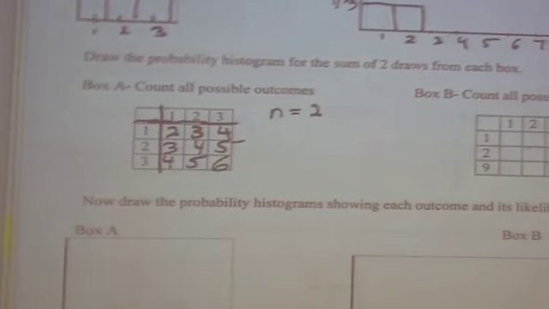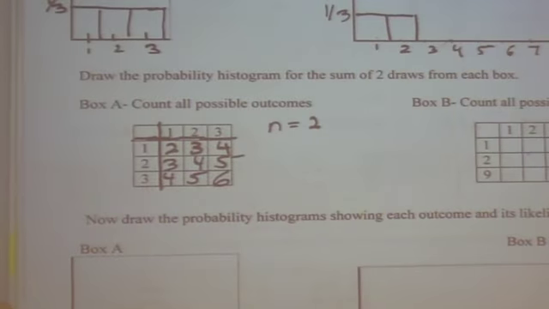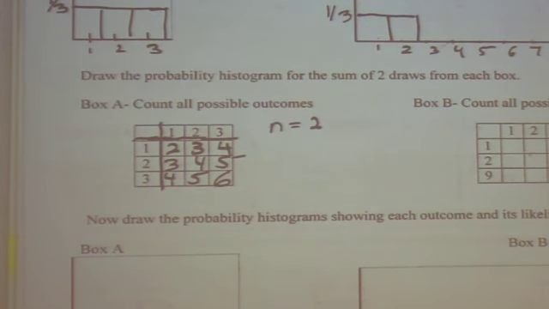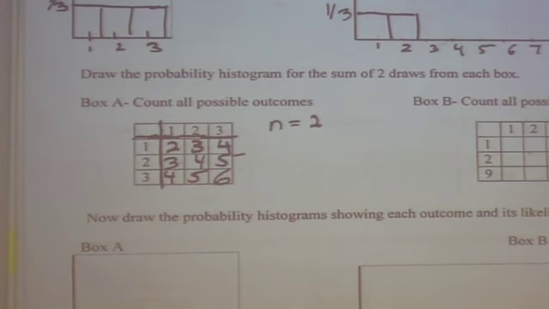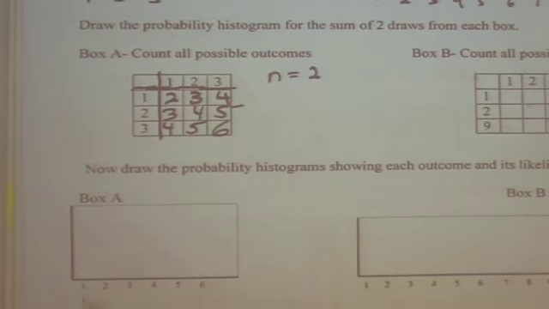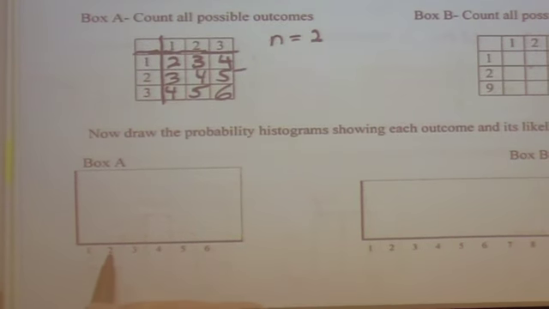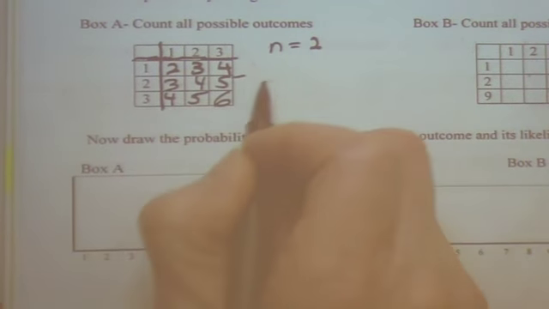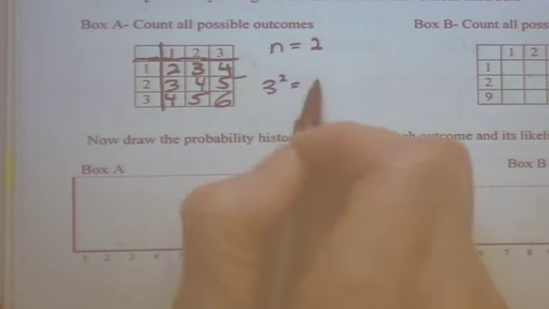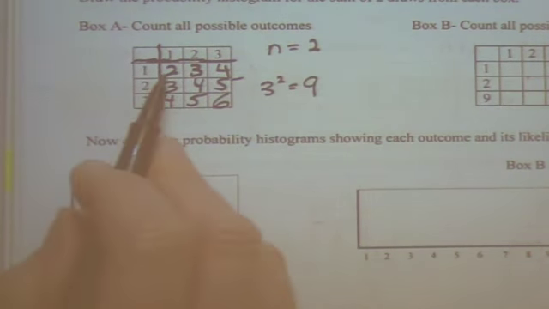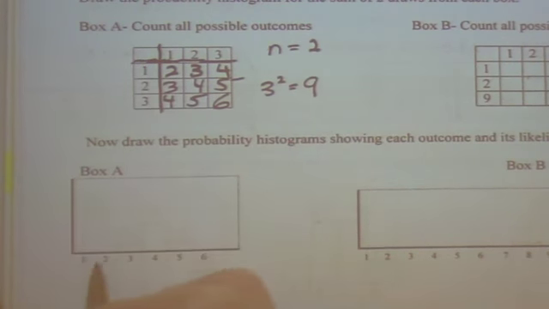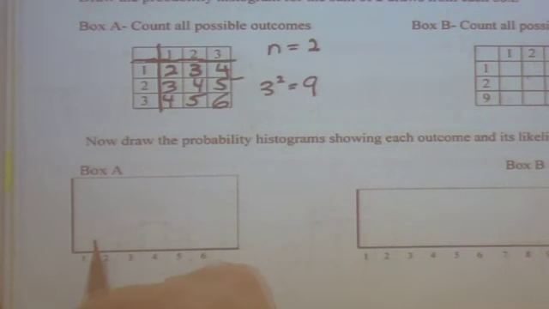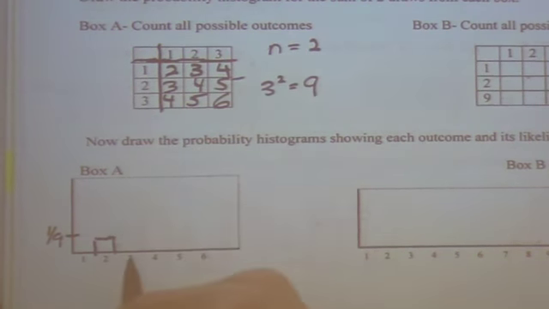All right? So we can draw the probability histogram for that. What can we get? A 1? No. We can get a 2, and what's the likelihood? There's 9 possibilities, 3 squared is 9, and only one of them is a 2. So it's going to look like this, and it will be 1/9. How about for a 3?